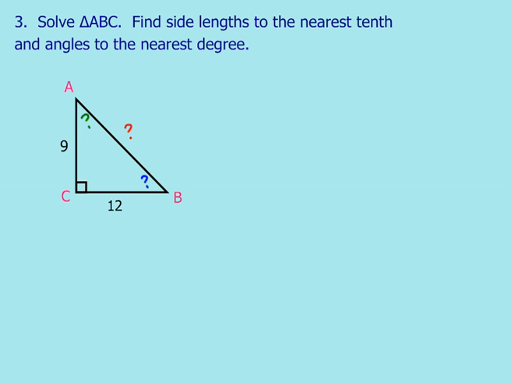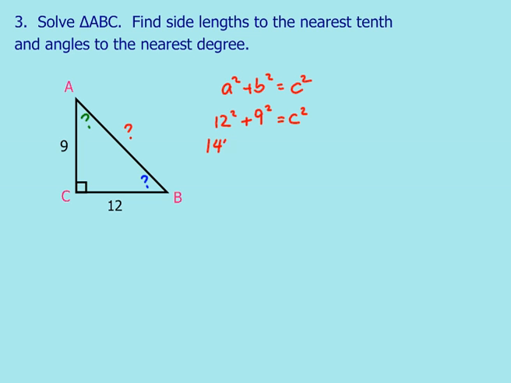Okay, and we might not even have to use trig for all of them, like the red question mark. That's little c. So to find little c, I could just use Pythagorean theorem. a squared plus b squared equals c squared, where a is 12 squared, your b is 9 squared, and then I have c squared, which is what I'm looking for.